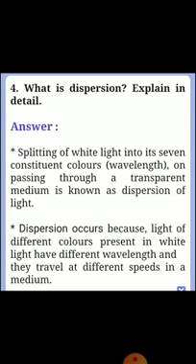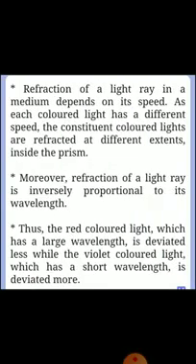Explain in detail. Answer: splitting of white light into its 7 constituent color wavelengths on passing through a transparent medium is known as dispersion of light. Dispersion occurs because light of different colors present in white light have different wavelengths and they travel at different speeds in a medium. Refraction of a light ray in a medium depends on its speed.